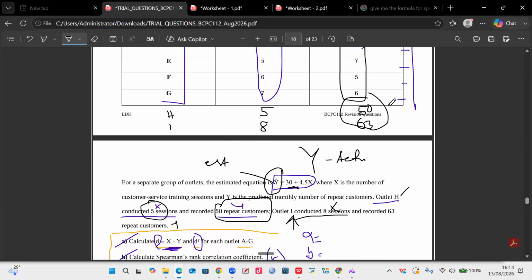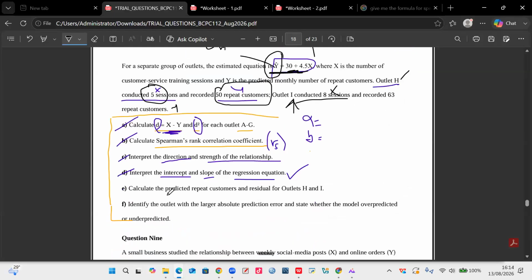These values are actual because they are capital Y's without a hat. But the 5 and 8, we plug into the equation to get the estimated values. Then you compare to get the residual. Are you getting it? Yes. So: calculate the predicted repeat customers and residual for outlets H and I.